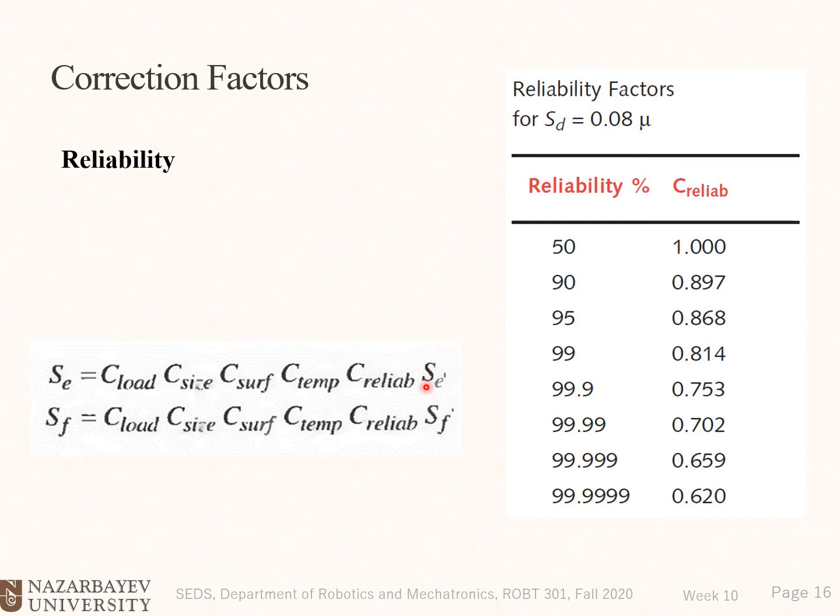Also, we had uncorrected endurance or fatigue strengths either based on experimental data or from theoretical formulas. And now you could just plug all of these numbers into this equation and find corrected or actual fatigue strengths or endurance limit of materials.